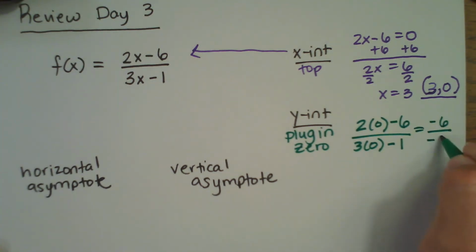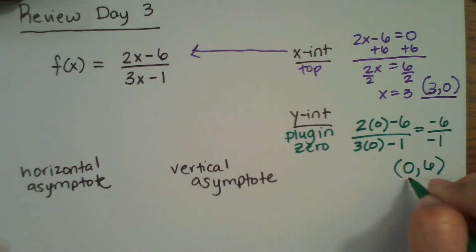Minus 1 would be negative 1. Negative 6 divided by negative 1 is a positive 6. But we would write it as an ordered pair. You plugged in 0 for x. You get out 6 for the y. It's an ordered pair. Y-intercepts and x-intercepts, they're dots. That's why you write them as ordered pairs.